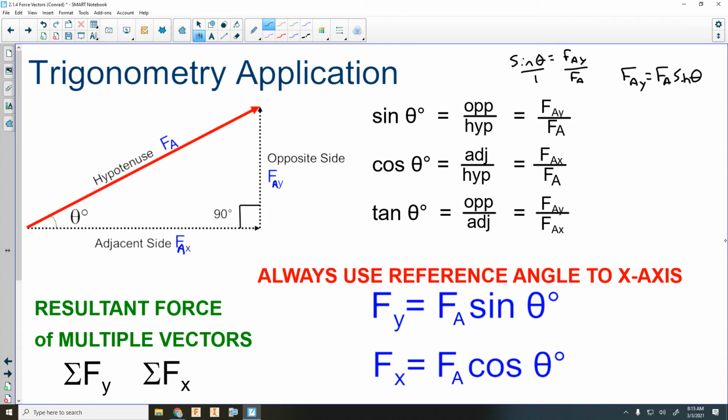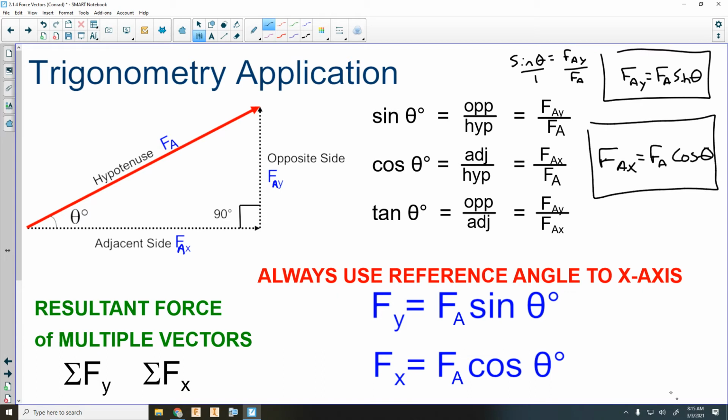If we extend that to all these other ones, we can do that with all of them. The force of A in the x direction would be the force of A times the cosine of the angle. Simplifying to this point with those two simplifies the entire problem, because we're breaking it down into those two components, and we don't have to draw the right triangle.